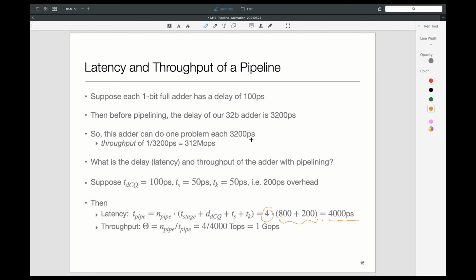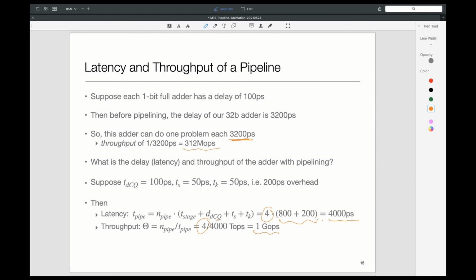Previously, I was doing a job in 3,200 picoseconds, but now I'm doing 4 jobs. Previously, I was doing 1 job every 3,200 picoseconds. Now I am doing a job every 1,000 picoseconds, or 4 jobs every 4,000 picoseconds. So I can achieve a throughput of 1 giga operation per second, whereas previously it was 312 mega operations per second.